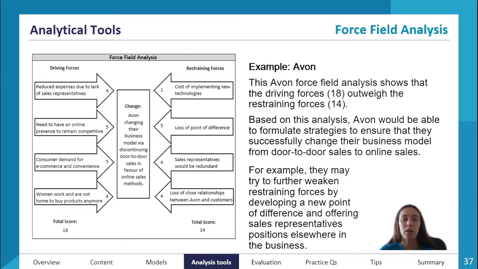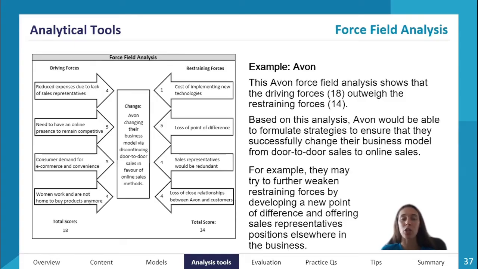Restraining forces, the cost of implementing new technologies. You, of course, need to have a system for online purchases. Loss of point of difference. So it would mean Avon was blending in with other organizations. And then sales representatives would be redundant.